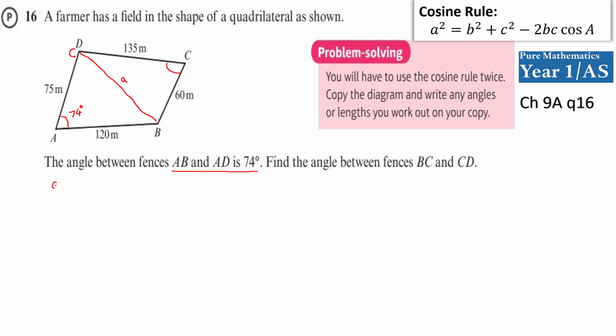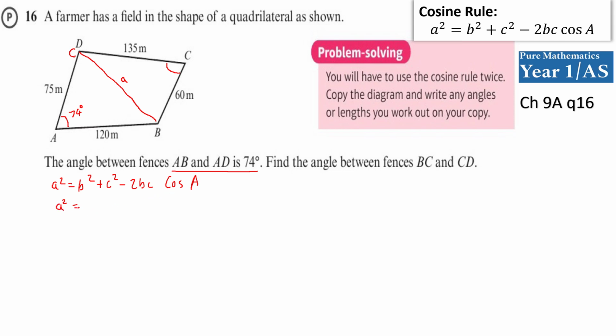So we have a squared equals b squared plus c squared minus 2bc cos A, as written in the top right hand corner of the screen. So you substitute the values in.